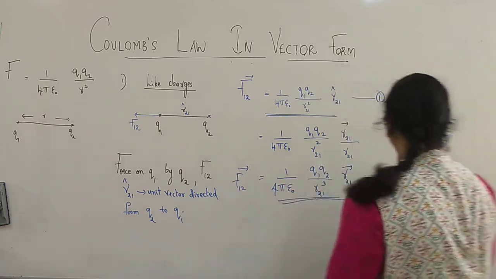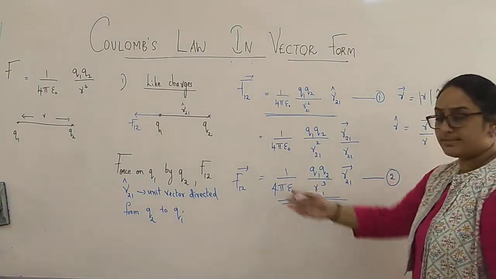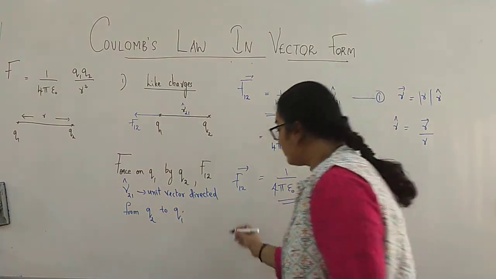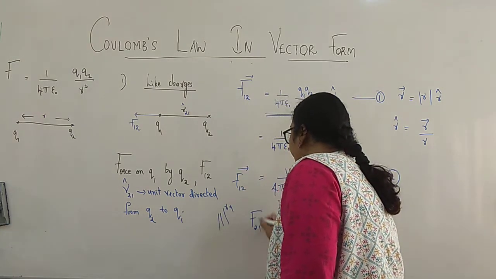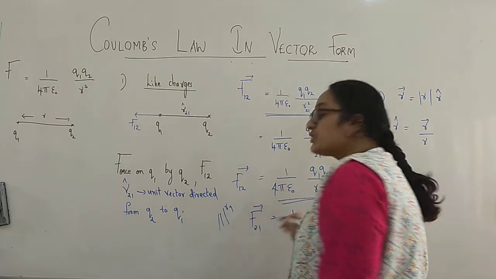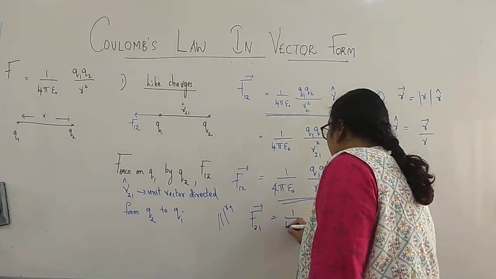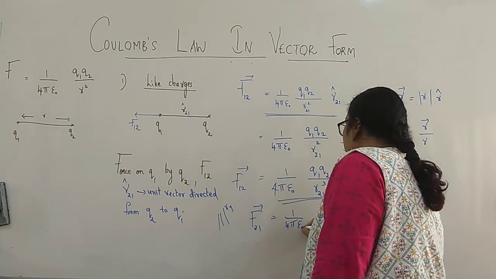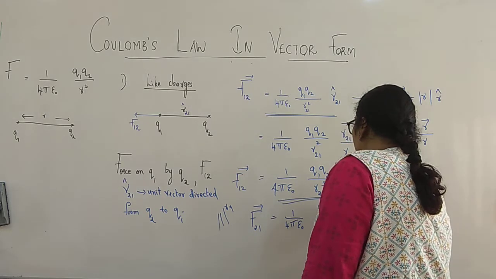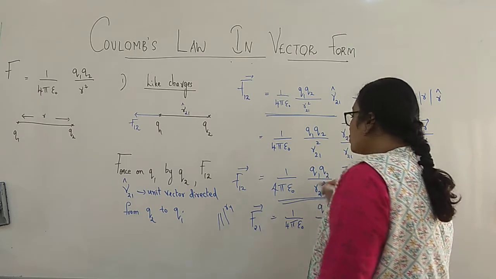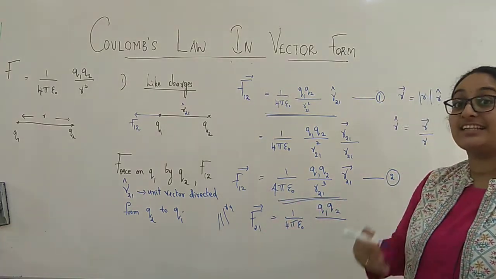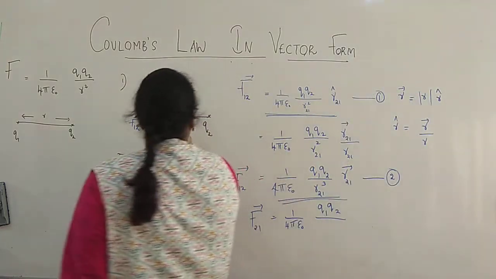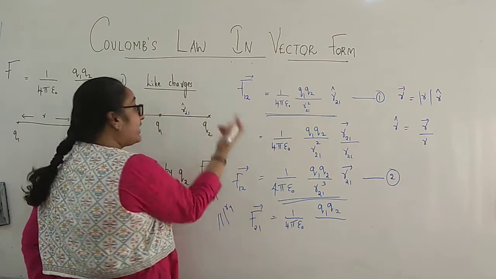How will we write it? F21, similarly, is equal to, magnitude remains the same as I told you, 1 by 4 pi epsilon naught Q1 Q2 by R21 cube. So when I am writing F21, let's see the direction. Force on Q2 by Q1.